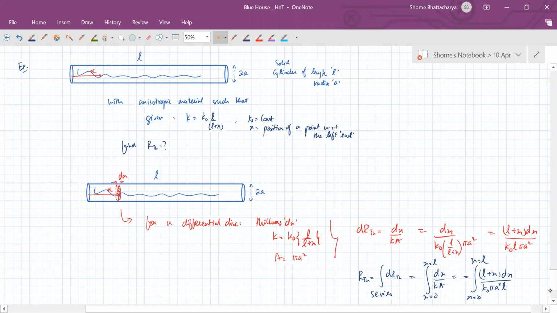Only x is the variable, everything else is a constant here. We are integrating a linear function of x, so it will become a quadratic function when we take the indefinite integration and then put the limits. That will give us the thermal resistance.